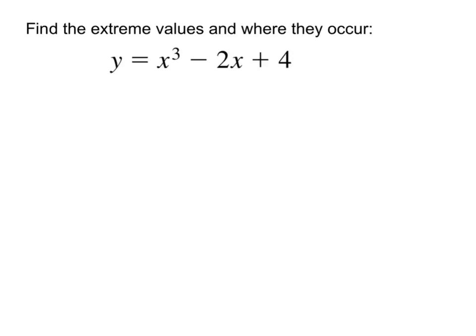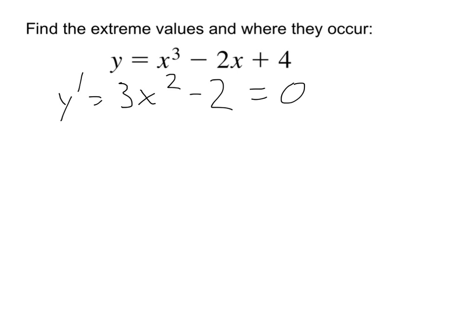Next problem would be find the extreme values and where they occur. So hit pause, give this a shot, find the derivative, see what the extreme values are. Okay, we need to find the derivative and then set it equal to 0. Using the power rule, y prime is 3x squared minus 2, and we set that equal to 0.